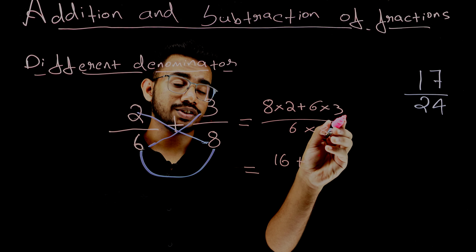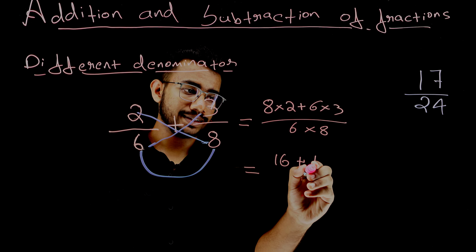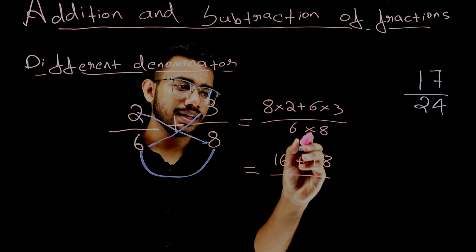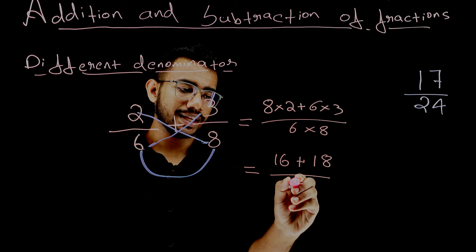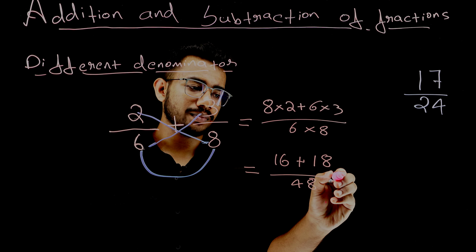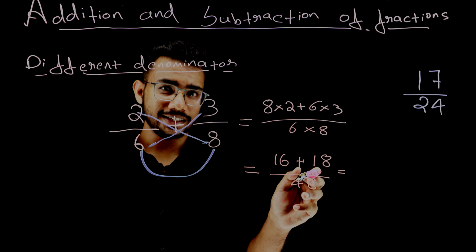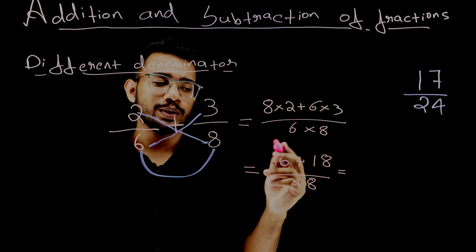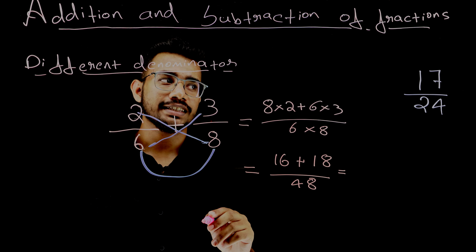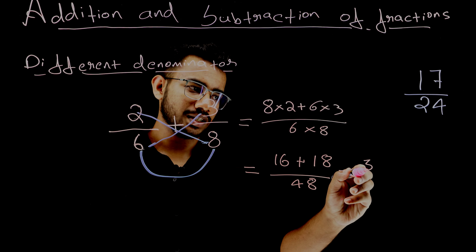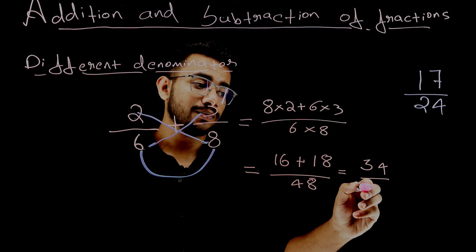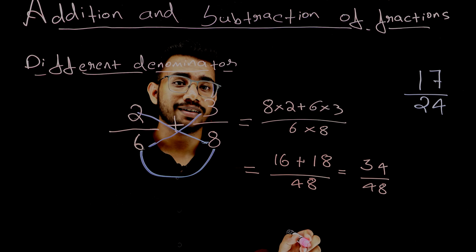Plus 6 times 3, which is 18, divided by 8 times 6, which is 48. What is 16 plus 18? 16 plus 10 is 26, 26 plus 8 is 34. So 34 over 48 is the answer I'm getting here.